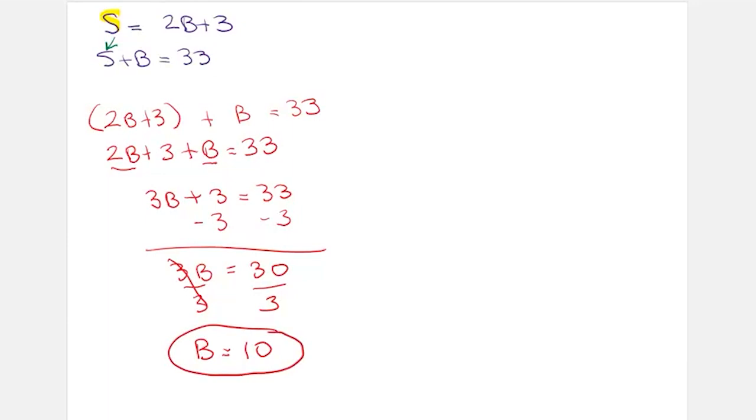And if Bradshaw threw 10 touchdown passes, it doesn't matter which of these equations you use, maybe the easier one is S plus B equals 33, then we know that S plus 10 equals 33, which means if I subtract 10 from both sides, Staubach threw 23 passes.